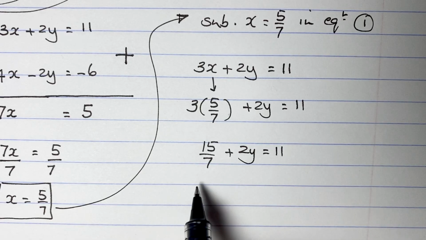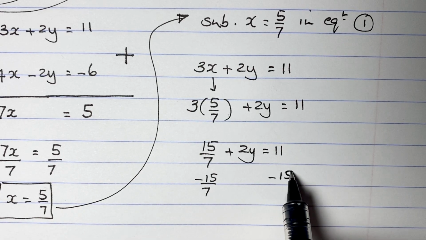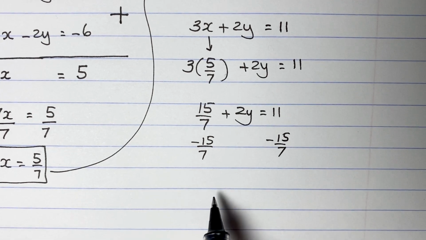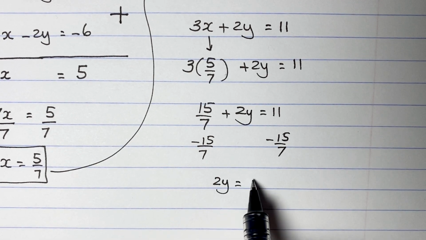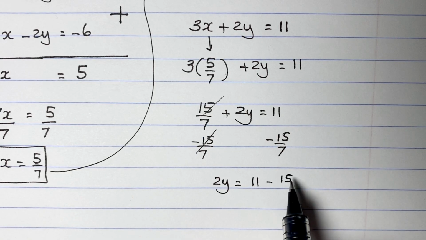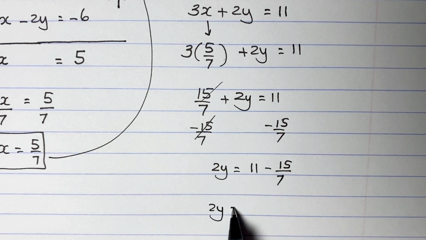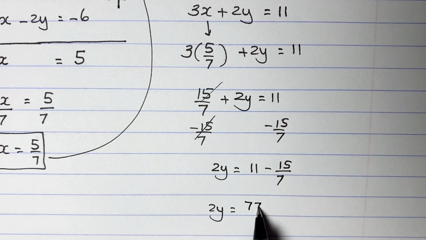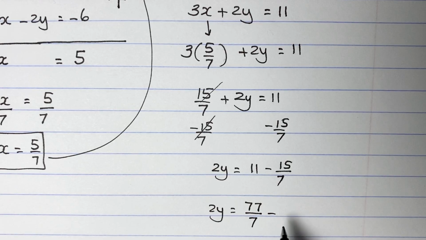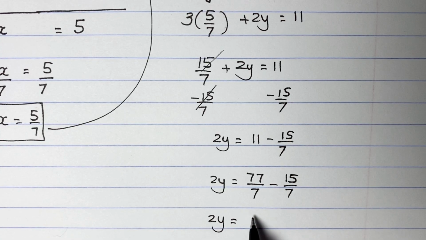Removing 15/7 from both sides, we have 2y equals 11 minus 15 sevenths. Writing 11 as 77 sevenths, so 2y equals 62 sevenths.